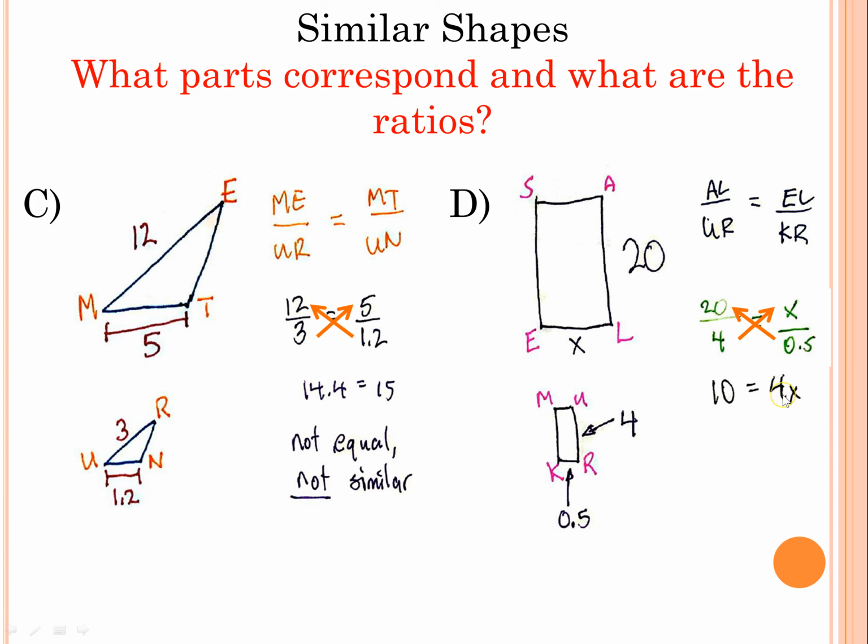This is multiplication, a number next to a letter, so I do the opposite, division. And there you go. I've got 2.5 is equal to X. Sweet. So it's the exact same thing when I have a side that has a variable amount. All I need to do is set up those ratios, multiply across, and then solve for the value of X.